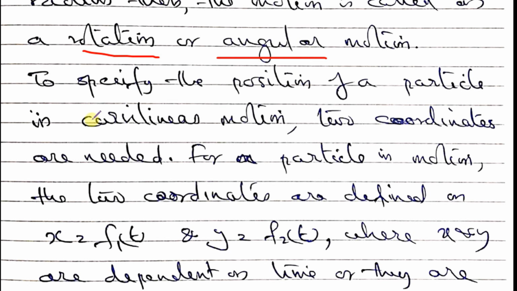In curvilinear translation, to specify the position of a particle at a particular instant, we need two coordinates.